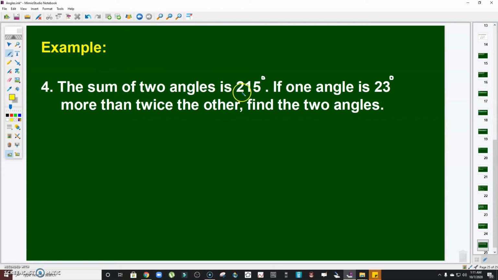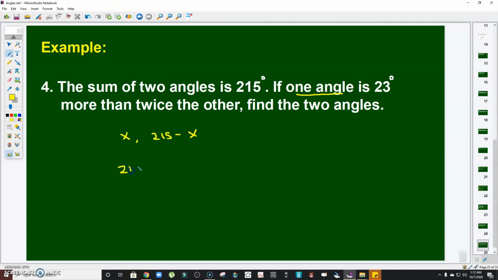Okay, the sum of two angles is 215 degrees. So yung isa x, let me call it x, yung isa 215 minus x. So that pag inadd ko yan, x. So that's how we name it, right? So if one angle is 23 more than twice the other, find the two angles. So this one angle here, para mas madali, in representation, ito na lang yon.